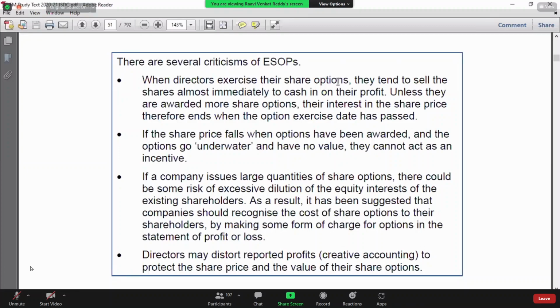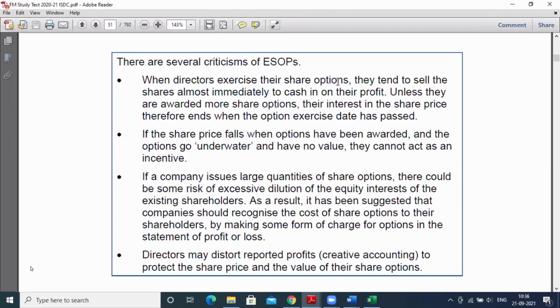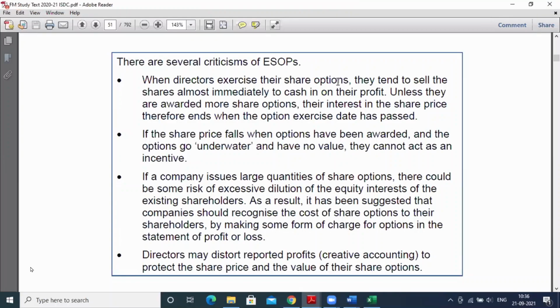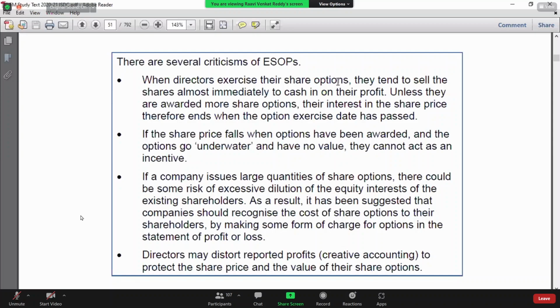Now, let me take 20,000 so that it will be easy for calculating. If you divide 1 lakh by 20,000, how much is the earning per share? 5. So before ESOP, the earning per share is $10, and because of issuing the share options, the EPS has decreased from 10 to 5. It will be a great dilution in the earning per share.